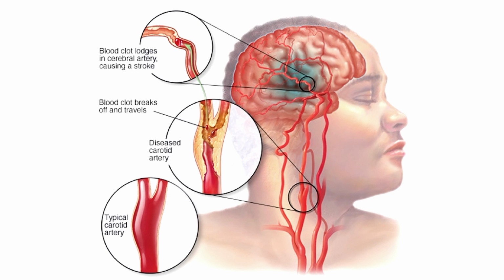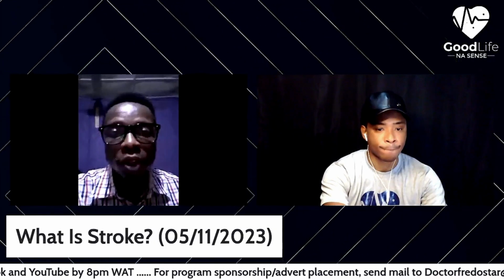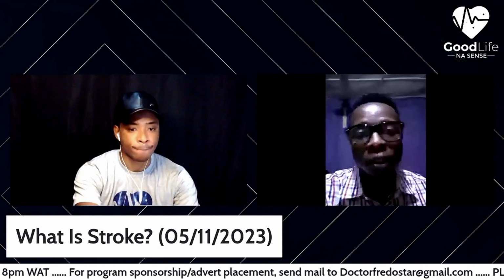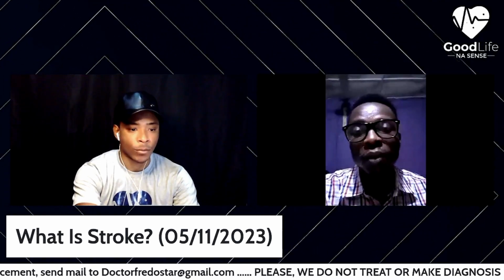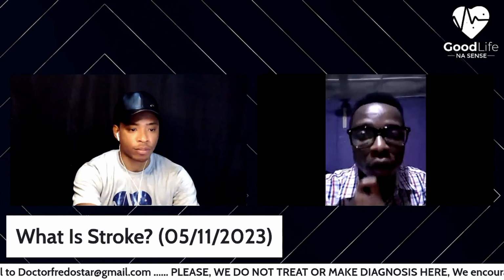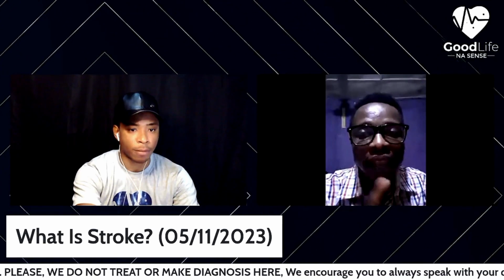I mean, there is a blockage in the artery. So because of that, blood does not reach some part of the brain. That one I would call ischemic stroke. That is the case when a clot forms inside the blood, inside the artery.